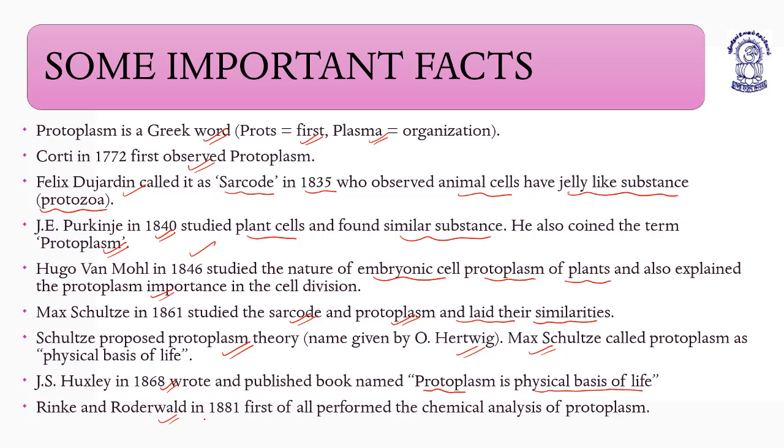Rinke and Roderwold in 1881 first performed the chemical analysis of protoplasm. So the major points are the chemical analysis of protoplasm, proposed by Roderwold and Rinke, and Huxley's book in 1868. Cotai, J. Purkinje, and Max Schultze.